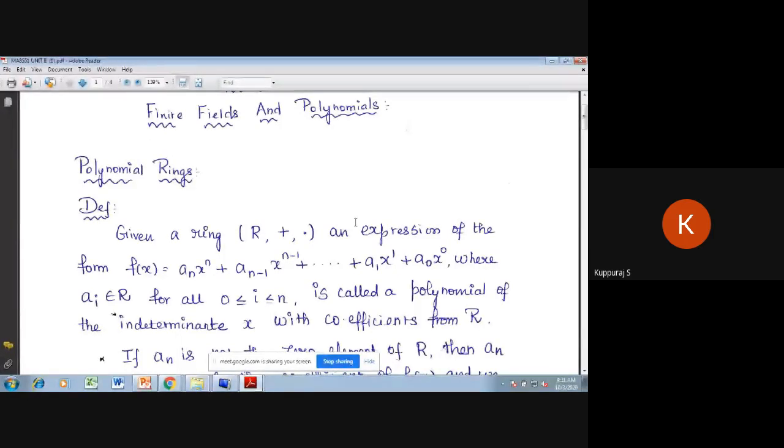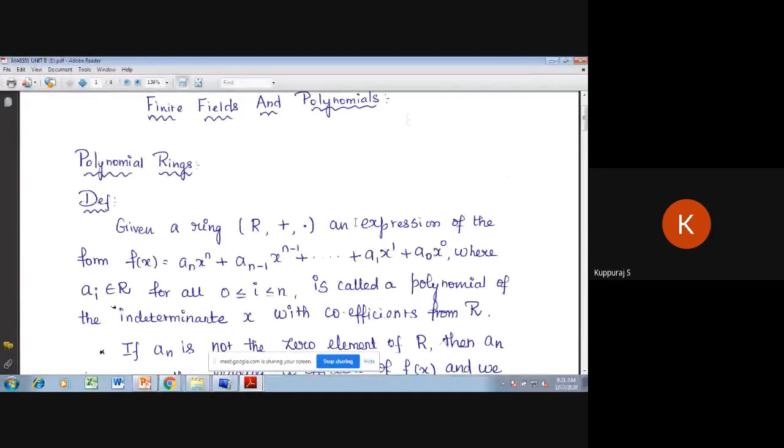An expression of the form f of x is equal to a n x to the power n plus a n minus 1 x to the power n minus 1 up to a1 x plus a naught x power 0, where the coefficients a n, a n minus 1, a1, a naught belong to the set of all real numbers. The degree of the polynomial f of x is n, the highest power of x.